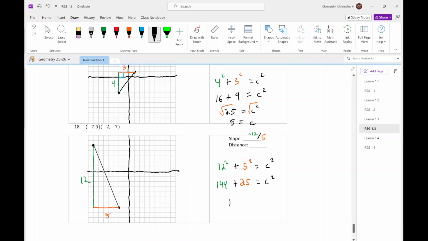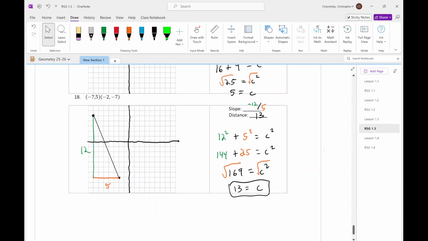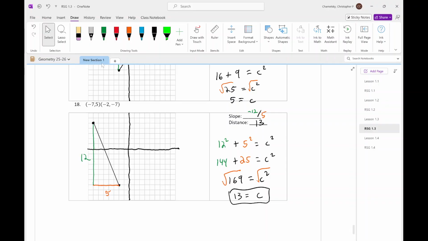Add those together, we're going to get 169. Take the square root of both sides, and the square root of 169 is exactly 13. So that is our distance. And that's the end of this Ready, Set, Go video.